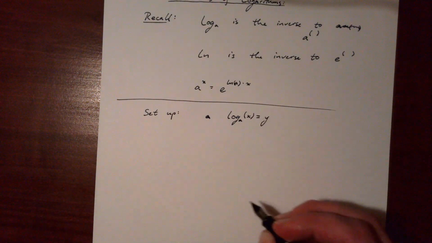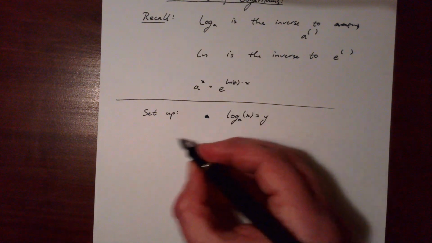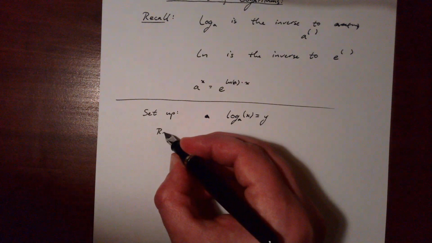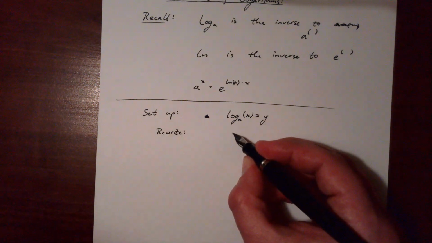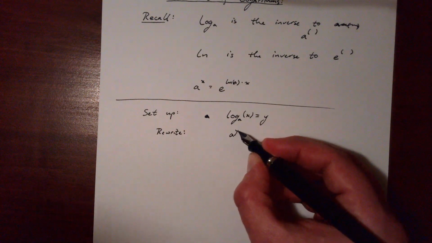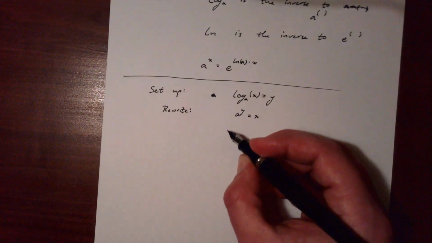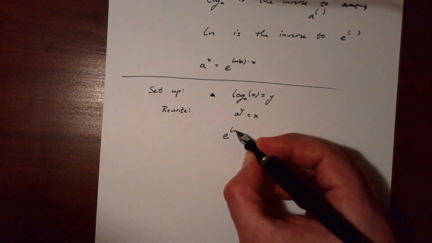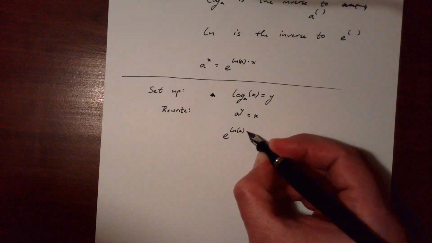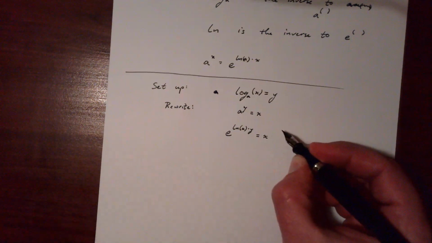If these are inverses, and they are, then we can rewrite this as a to the y equals x. But I can rewrite that as e to the natural log of a times y equals x.